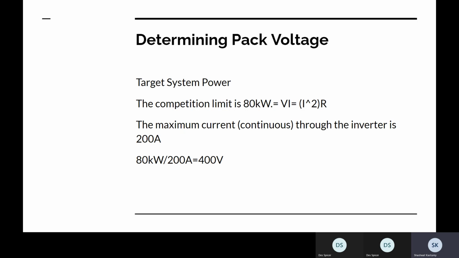So 200 amps was the maximum continuous power draw. We figured we'd define the whole system based on that 200 amp continuous power draw. So that's why the system is 400 volts, because the maximum current output of the inverter is 200 amps. Any questions so far?